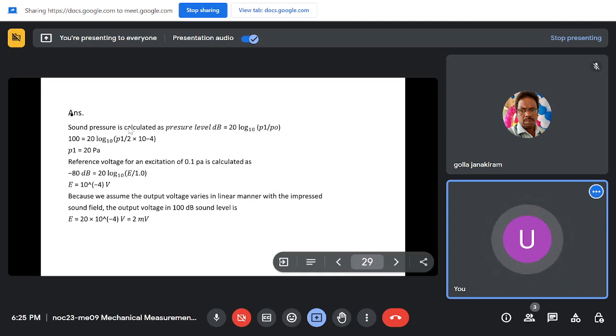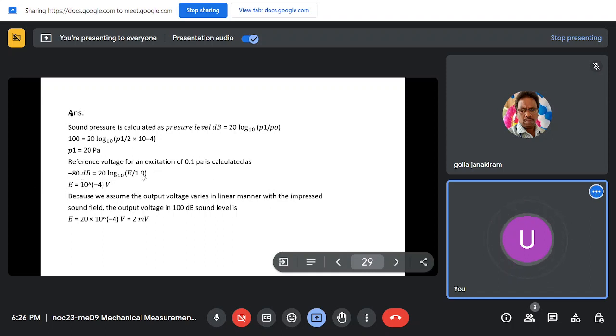We know that the sound pressure level of 100 decibel equals 20 log 10 P1 by P naught, and P naught is 2 into 10 power minus 4. We substitute that, and we know that the level is 100 decibel. We substitute that as well, and we calculate the P1 value. P1 is 20 pascal from solving the relation.